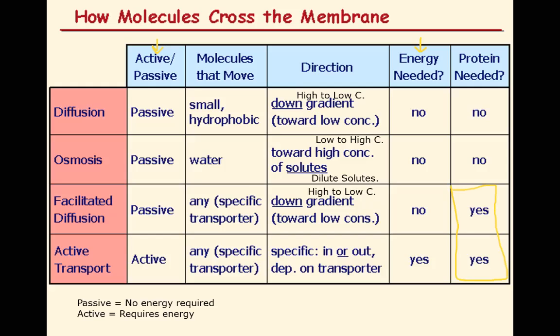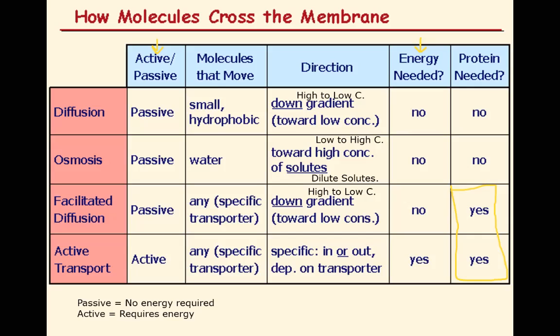When we start looking at this, we have to make sure that we're really paying attention to what we see here in our diagram. Facilitated diffusion needs a protein because the molecule is either too big or too charged to fit through, but it doesn't need any extra energy because, remember, it's still falling through. When we get to active transport, however, we need that energy.